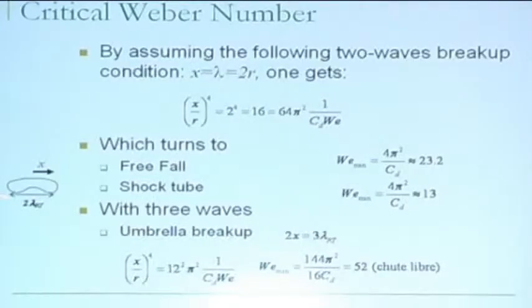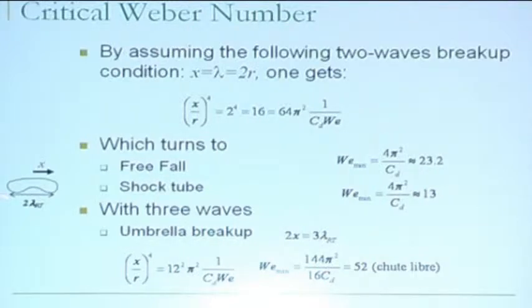So next, I can use the criterion made by, in the DDB model, is that you break up when your deformation is equal to 2 times the initial radius. And then I want to have exactly 2 wavelengths on the droplets once it's deformed for the bag breakup to occur.